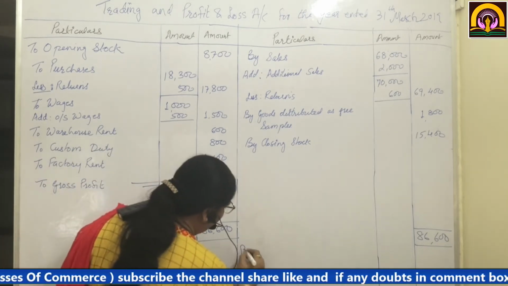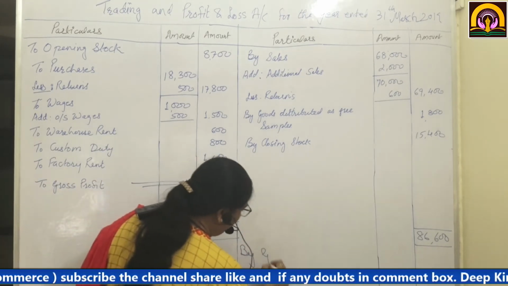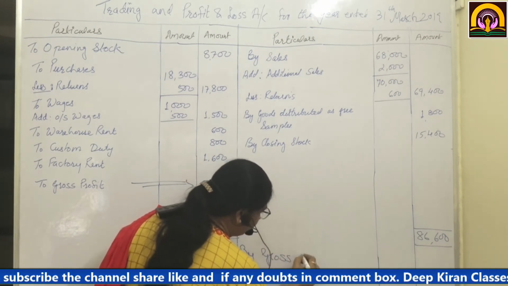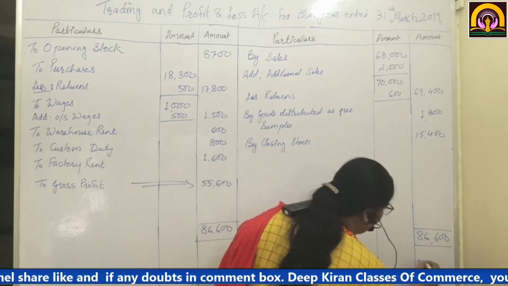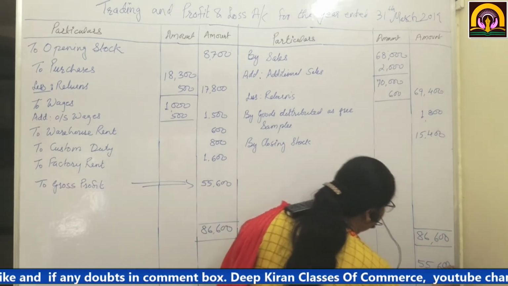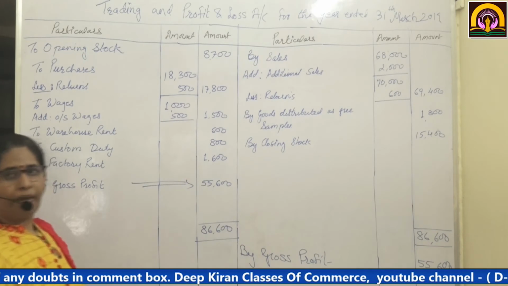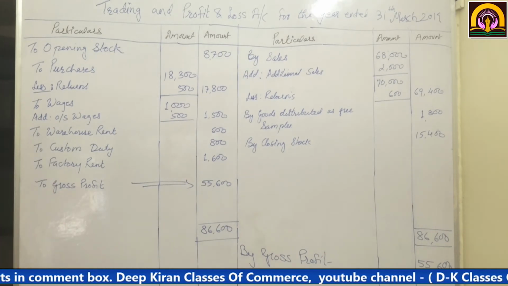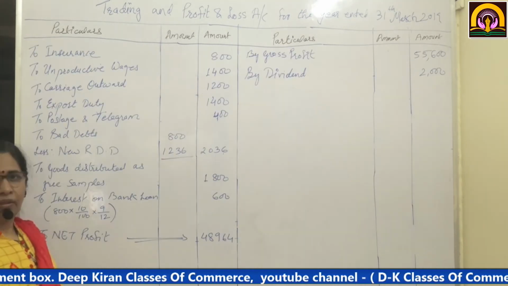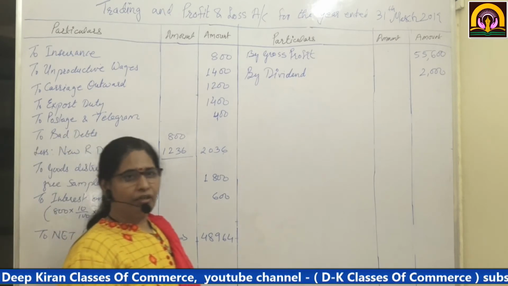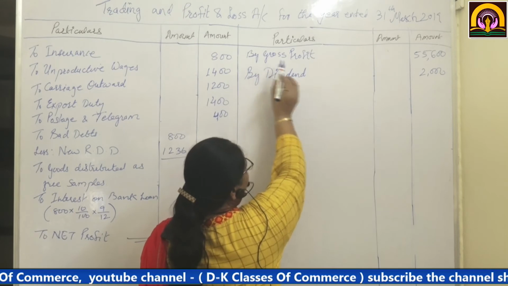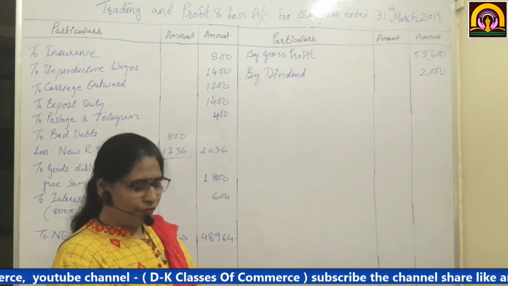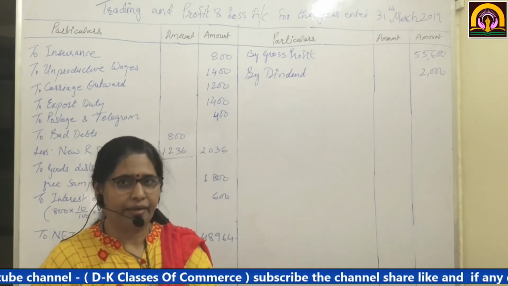Now you are going to write by gross profit. How much? 55,600. Now we are going to prepare the profit and loss account. Is it clear? Now we have written gross profit on the credit side of the profit and loss account, by gross profit, that is 55,600.